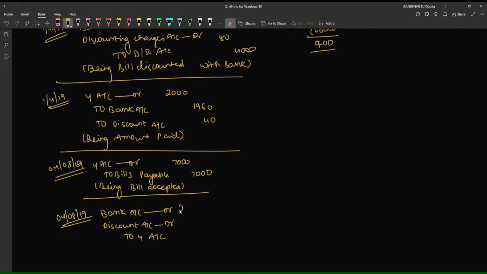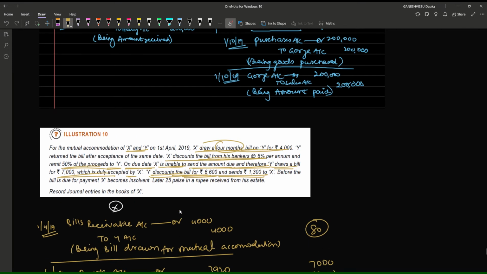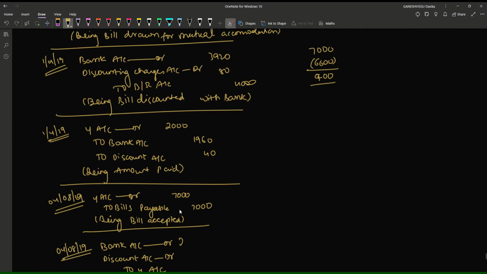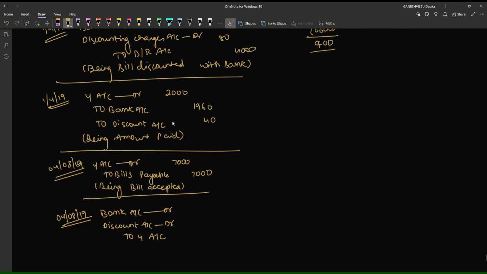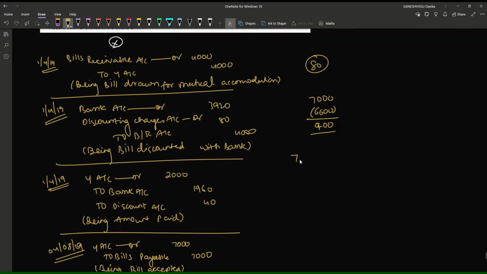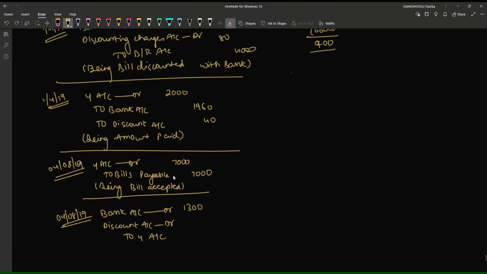We have received only 1,300 out of 6,600, in the sense we need to calculate the amount relevant to 1,300 only. 1,300 is the amount received through bank, that means it has been credited to bank.